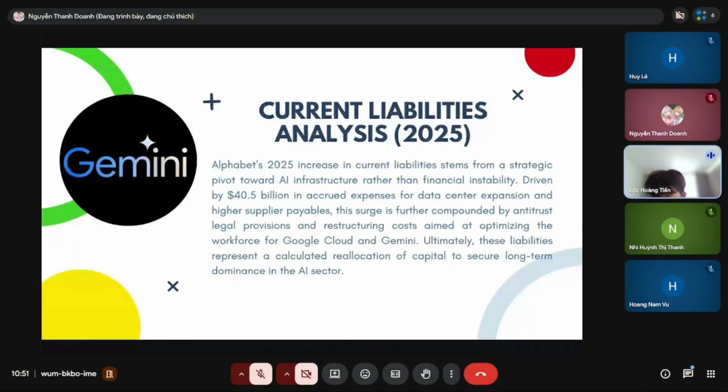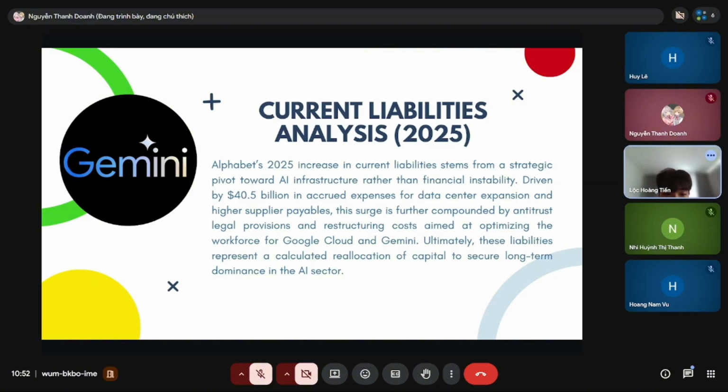In 2025, Alphabet's increase in current liabilities stemmed from a strategic pivot toward AI infrastructure rather than financial instability. They drove $40.5 billion in expenses for data center expansion and higher supplier payables.